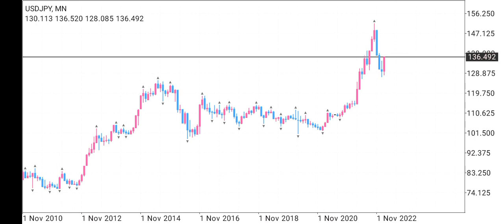I start my analysis from the monthly time frame, higher time frame to lower time frame. So let's get started.